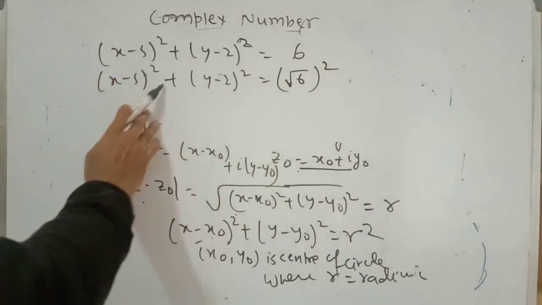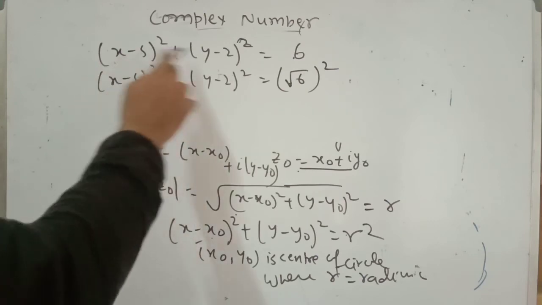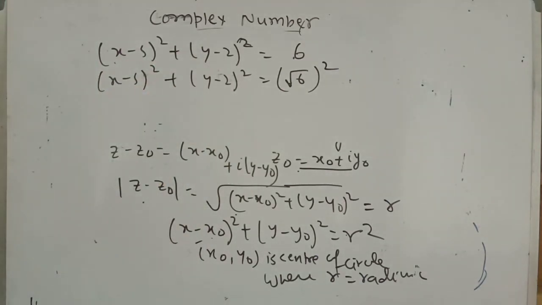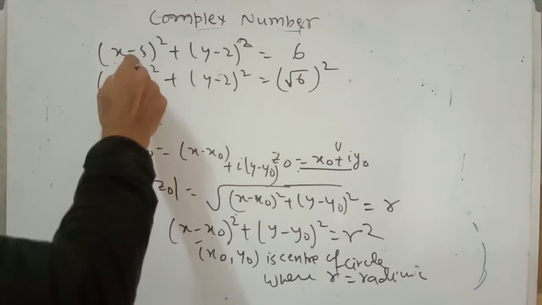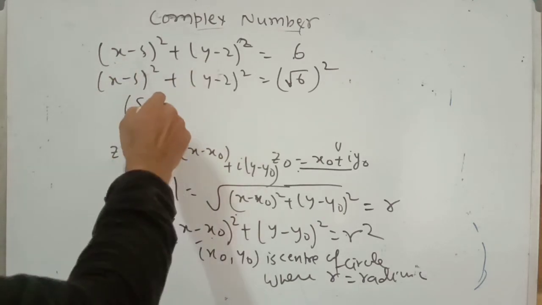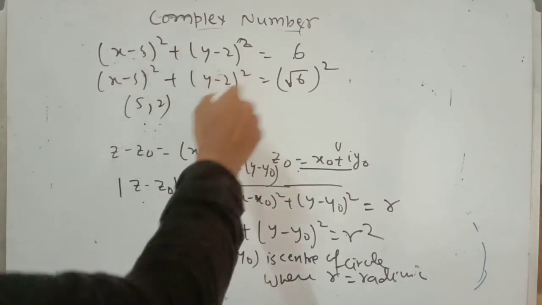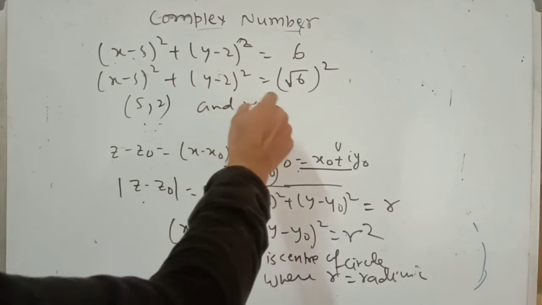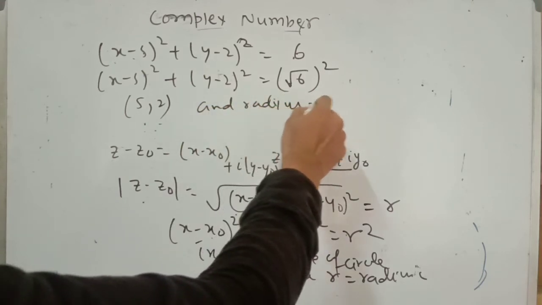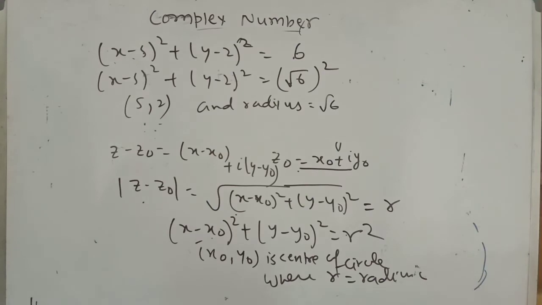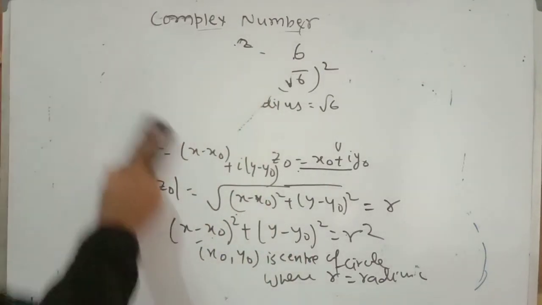This is the equation in x and y of the complex number. Here the center is 5 and 2, and the radius is root 6.